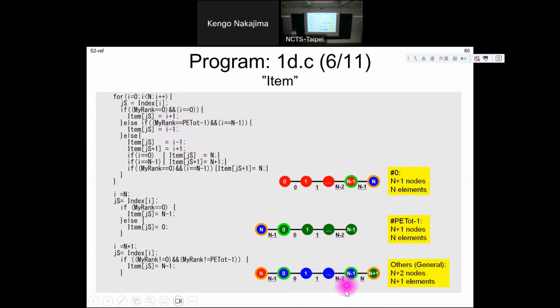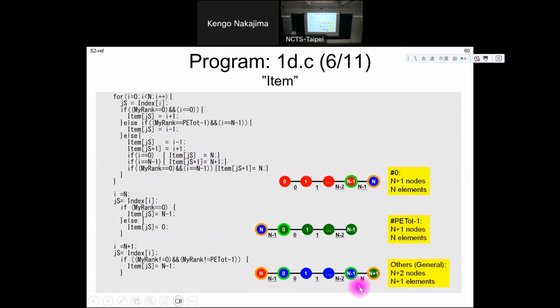Generally, it is equal to I minus 1 and I plus 1. But in the case where I equals 0 here, the left-hand side is not I minus 1, it's n. And if this is n minus 1, the right-hand side is not n, it's n plus 1.